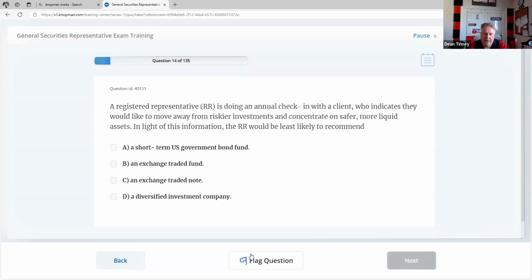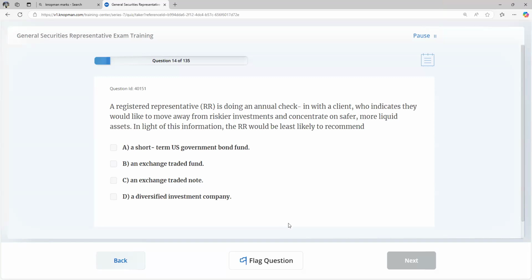A registered rep is doing an annual check-in with a client who indicates they'd like to move away from riskier investments and concentrate on safer markets. In light of this information, you're least likely to recommend... So they'd like to move away from riskier investments and move into safer, more liquid.